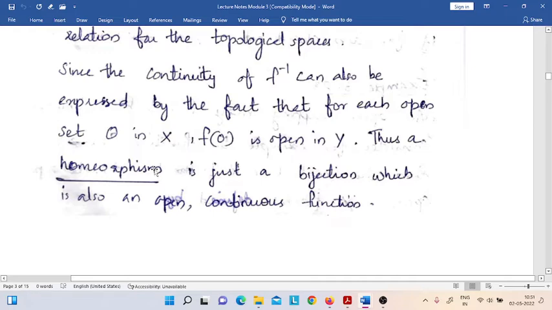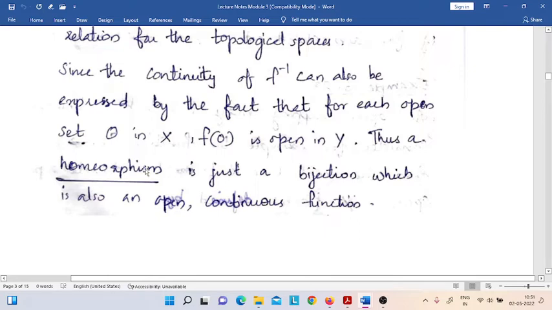So these are the four conditions required. The first condition is that f must be 1 to 1. The first three conditions are the same: f must be 1 to 1, f must be onto, then f must be continuous, and finally, it is not about f inverse.